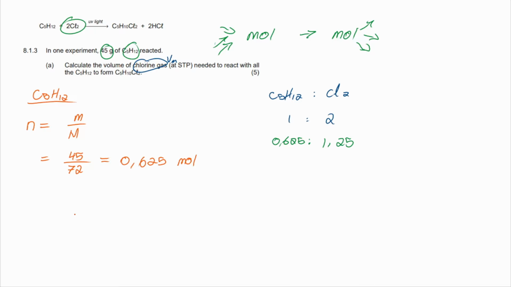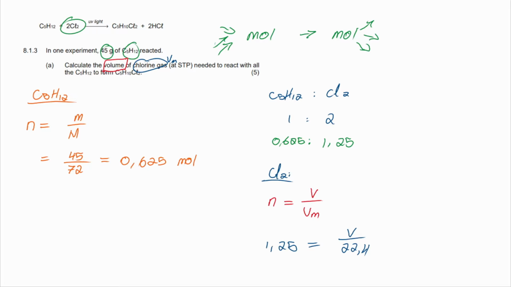But they don't ask for the moles, they want volume. So now we say the number of moles is V over Vm. We can use Vm because we are at STP. We know the moles of chlorine gas, and the volume we're trying to find, and molar volume at STP is 22.4 decimeter cubed per mole.